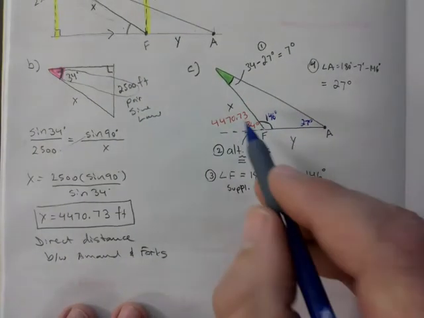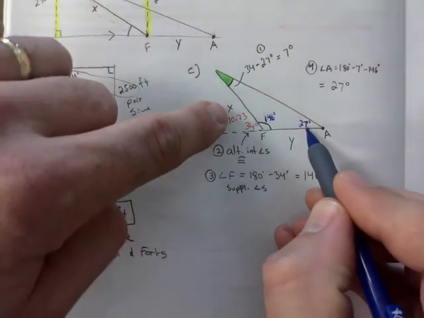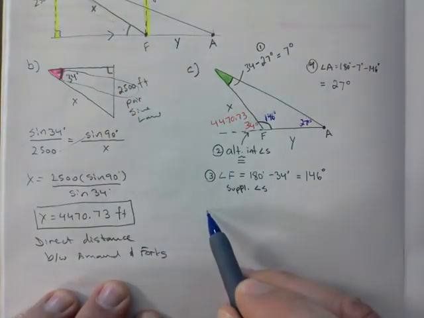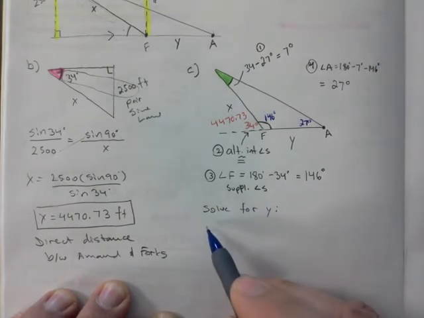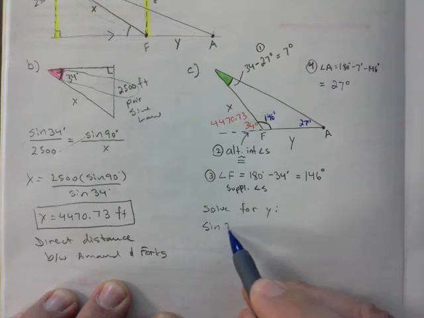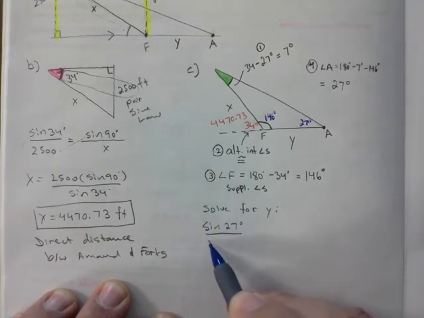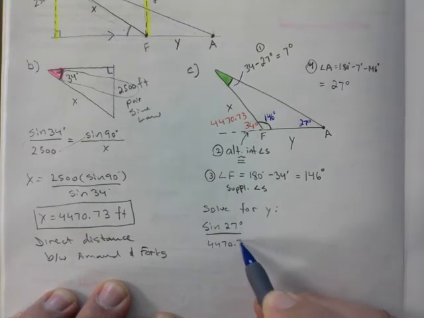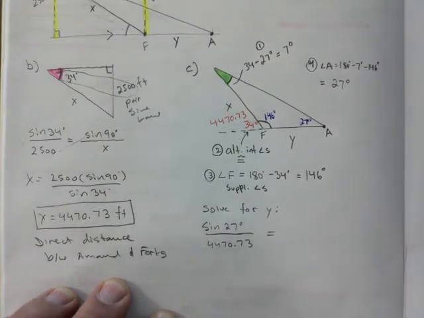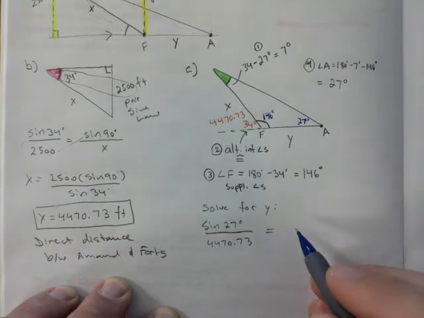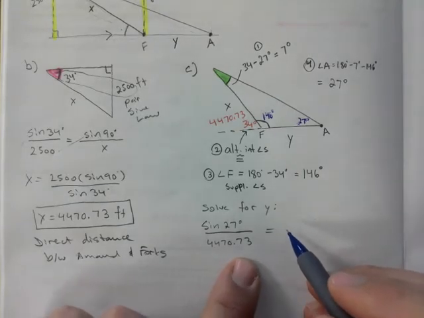I have my pair, this and this, right? These are paired up. So solve for y. Sine of 27 degrees over 4470.73, okay, is equal to, what is it that they want us to find?